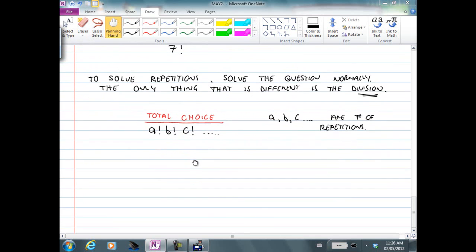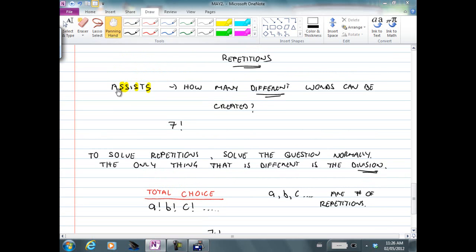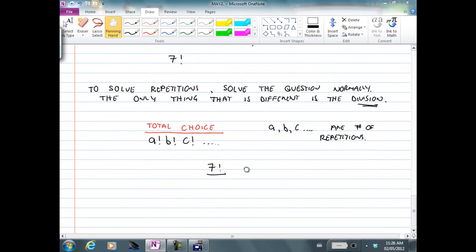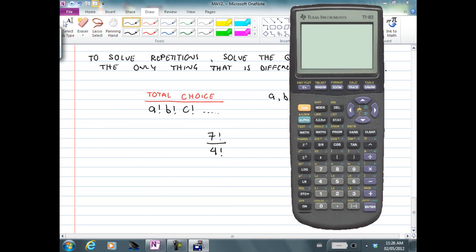For example, 7 factorial. Look how many letters repeat. Really, there's S, but there's 4 S's: 1, 2, 3, 4. So we write down 7 factorial over 4 factorial. Go ahead and solve this right now: 7 factorial divided by 4 factorial.